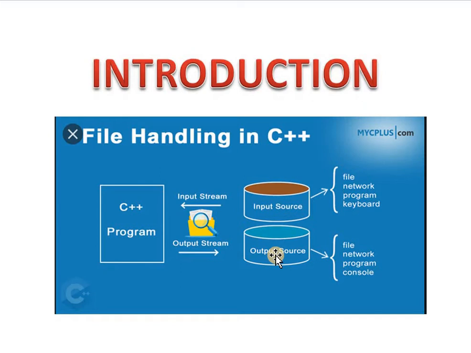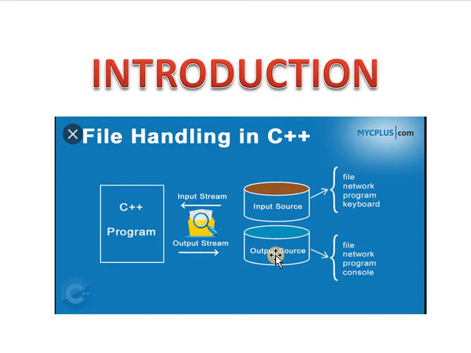File handling provides a mechanism to store the output of a program in a file and to perform various operations on it. The file handling mechanism is mainly used to store the output of a program into a file and perform various operations on that particular file's data.